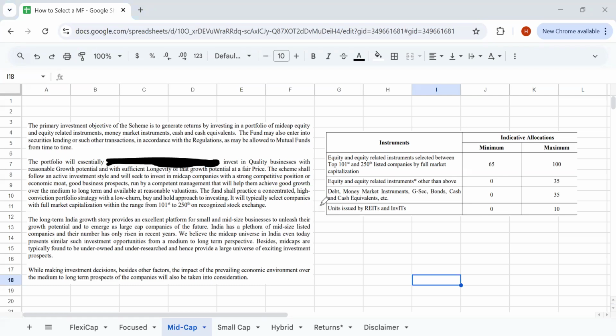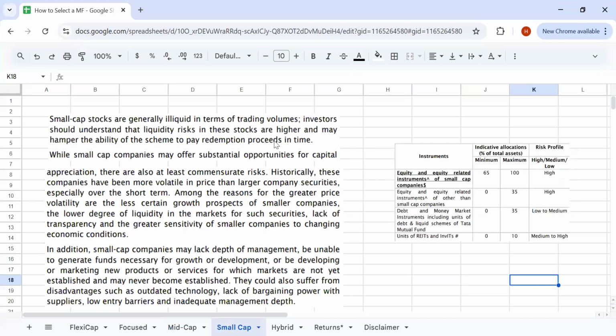So investors should be willing to hold for a longer duration. And again, if you look at it, he has to invest at least 65% into the mid-cap companies. This is more of a regulation where anything less than 65% is not considered a mid-cap scheme actually, right?